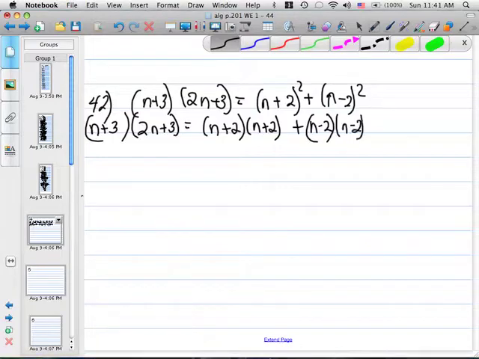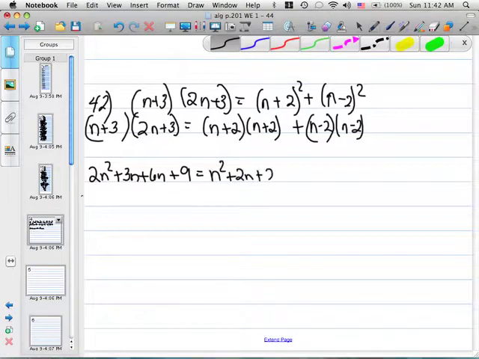Lots of good practice with FOIL here. Okay, we'll do FOIL here. We get 2n squared plus 3n plus 6n plus 9. FOIL here, n squared plus 2n plus 2n plus 4. And the last one here, plus n squared minus 2n minus 2n plus 4.